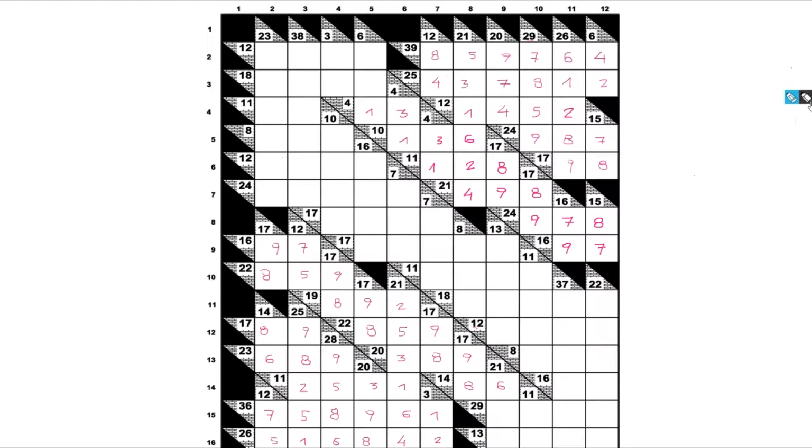Okay, let's see what can we do here in this position and this situation. Let's see, what about number 22? There are 6 numbers for making 22, and there is just one combination to make this number. The combination is 1, 2, 3, 4, 5 and number 7.